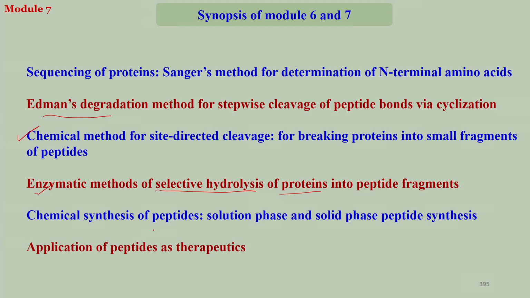And then we have seen the chemical synthesis of peptides, both solution phase and solid phase peptide synthesis. And finally, we have given a little bit of the application part, how the peptides can be used as therapeutics.